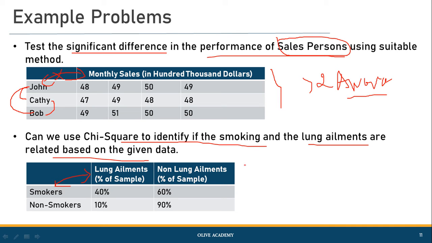The answer is no, because though the question is about the relationship between smokers and the lung ailments, the data is not given in the actual numbers. It has to be given only in actual numbers, and chi-square can be applied only if the number given is in actual numbers, whereas it is given in the percentage.